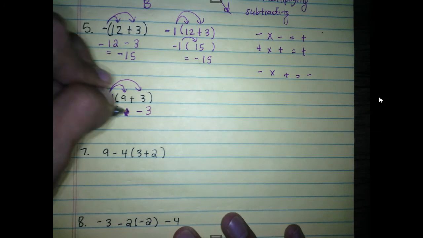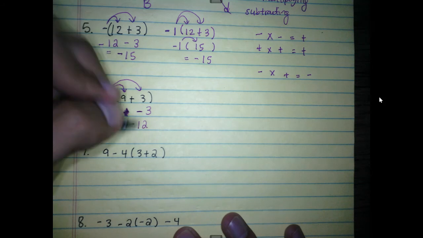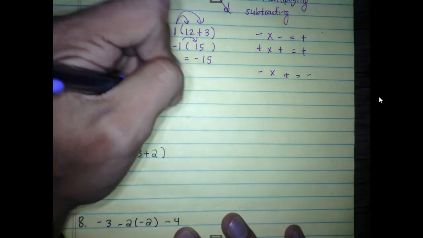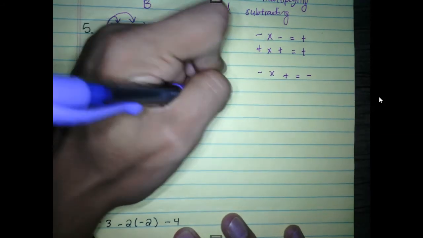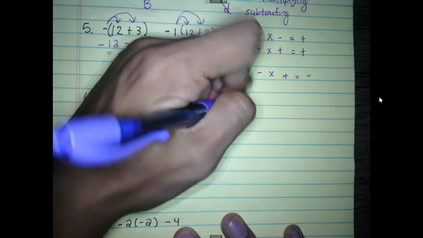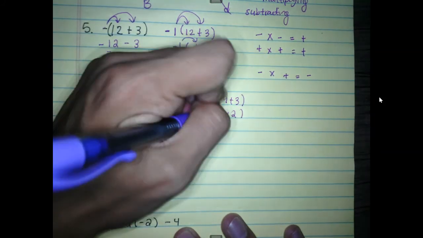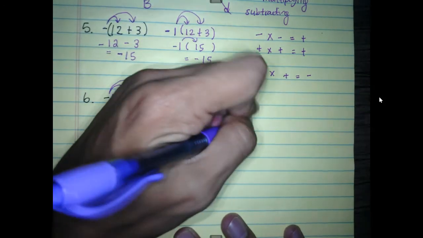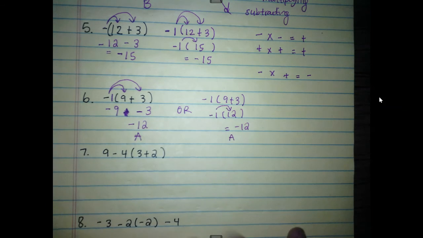So we have negative 9 minus 3, which is equal to negative 12. And that gives us our option of A. Or another way we can do this is do our parentheses first, then distribute our negative. So negative 1 times 12 equals negative 12. Still option A.